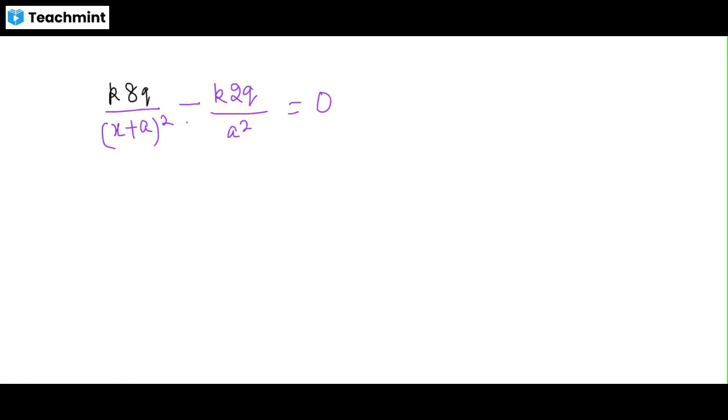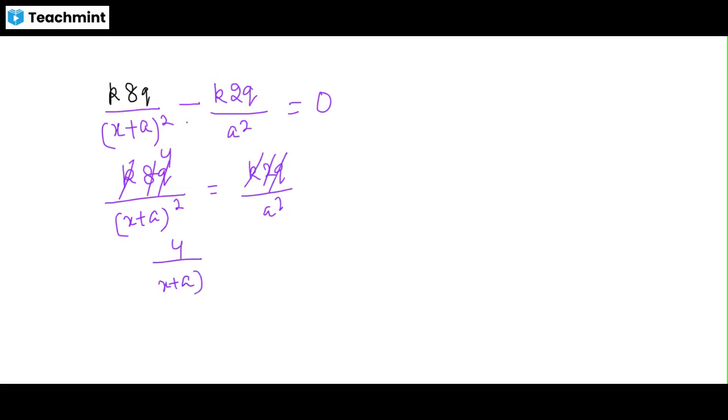So now k8q by (x plus a) whole square equals k2q by a square, and q cancels out, and 2 fours are 8. Okay, so k cancels out, so 4 by (x plus a) square is equal to 1 by a square.